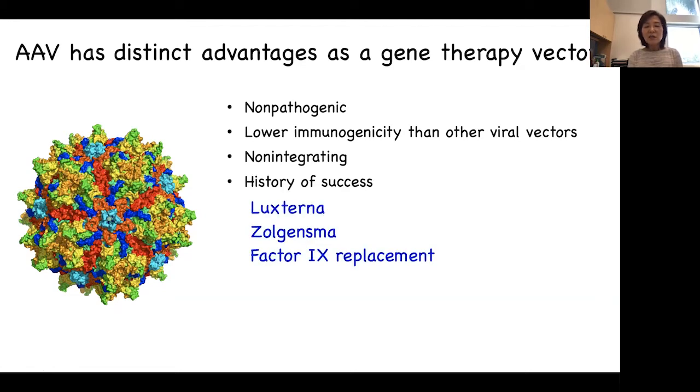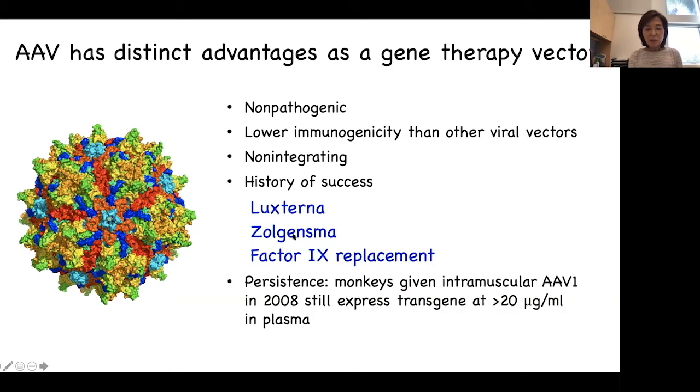And it has a history of success. Luxturna and Zolgensma were approved by the FDA in the US, and Factor 9 was approved only in Europe. Luxturna is the treatment for genetic eye blindness, and Zolgensma is to treat muscle atrophy for children under age 2.